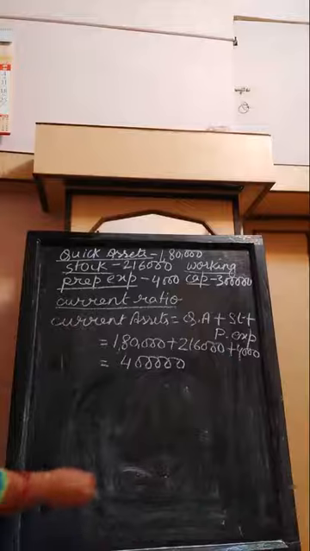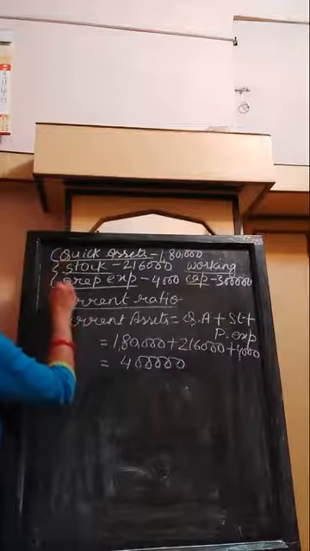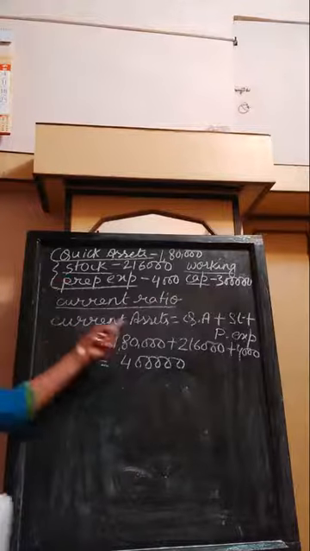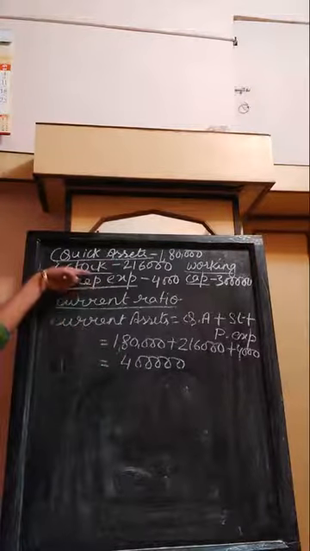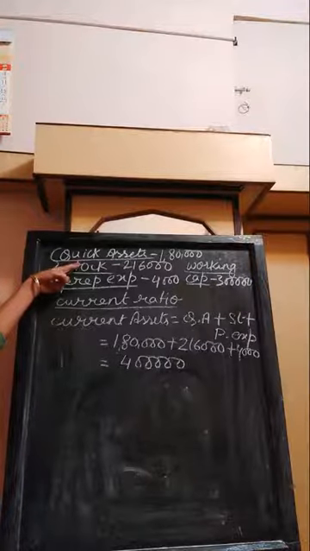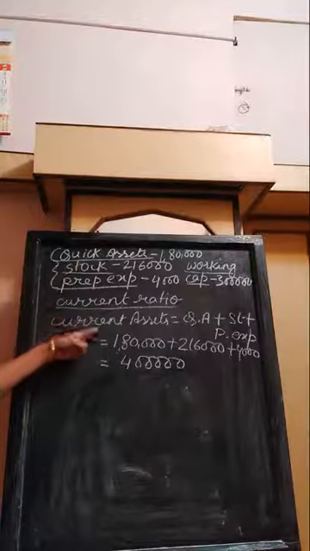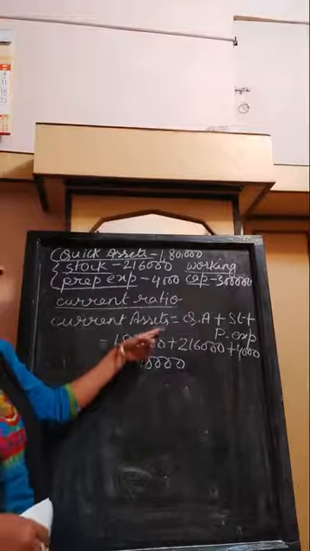By utilizing three items given over here, we have easily found out the current asset. Now we will find out the current liabilities.